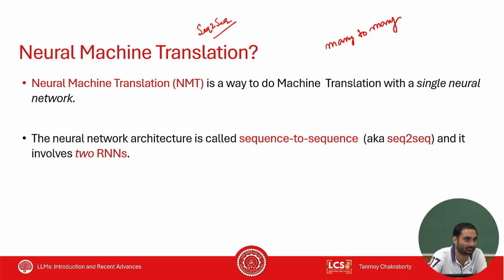Okay, so many to many Seq2Seq problems include summarization, dialogue, right? Many to one, what do you think? Many to one Seq2Seq problem can be classification, or no? So it's not a sequence to sequence as such, because ultimately you are generating a label, but I mean you can think of it as sequence to sequence. It also depends on the way you map it. What is one to many? Example of one to many?